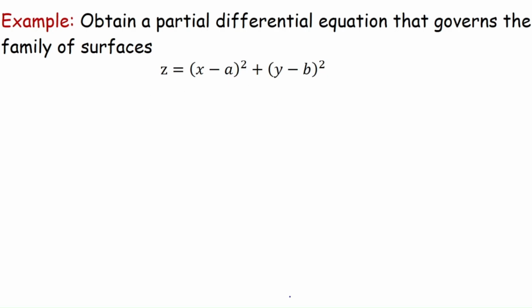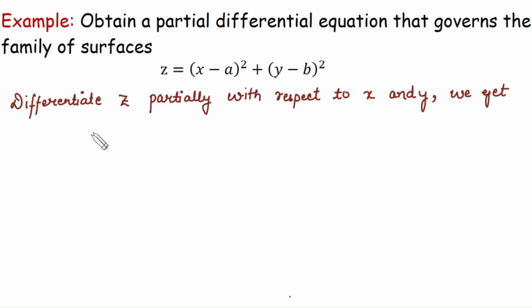So first differentiate this equation with respect to x and y partially. This results in the partial derivative of z with respect to x, that can be also written in this form, is equal to the derivative of this term with respect to x, which is 2 into x minus a, plus the derivative of this term with respect to x, which is 0 because y is treated as a constant.